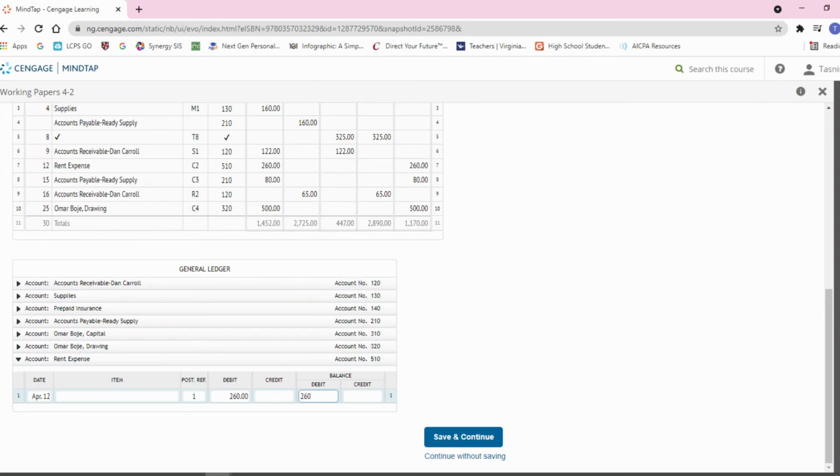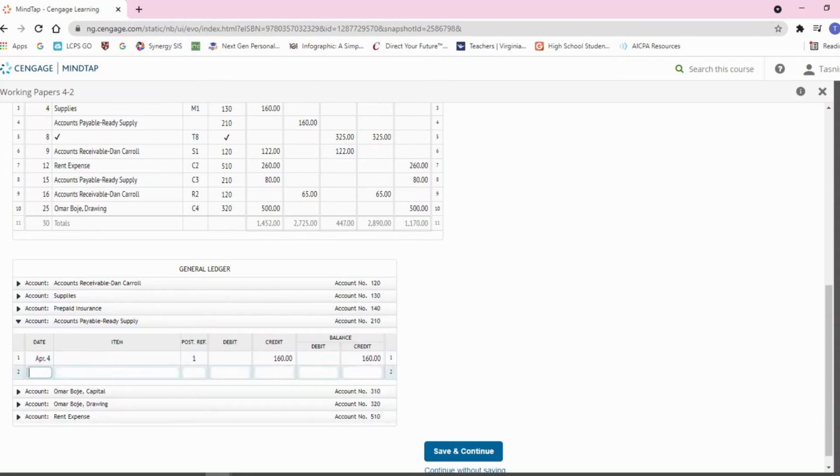Alrighty, let's move on. On April 15th, another accounts payable. So let's go back to our accounts payable. Here, because we already have April, we only need to put the day. So 15, leave item blank, post reference is still 1.